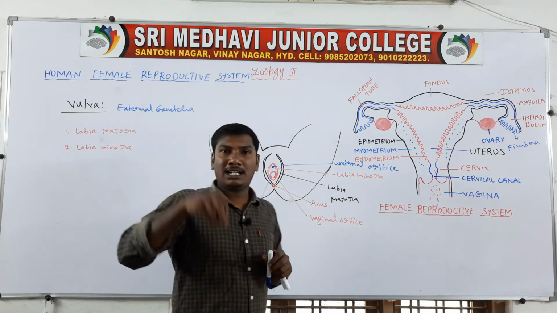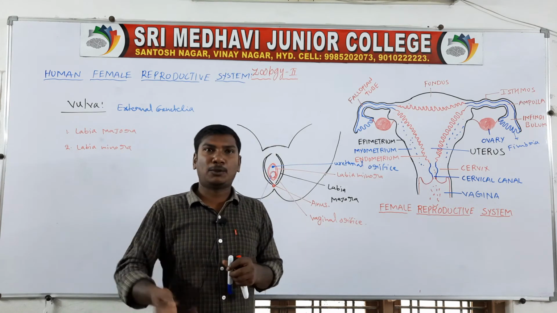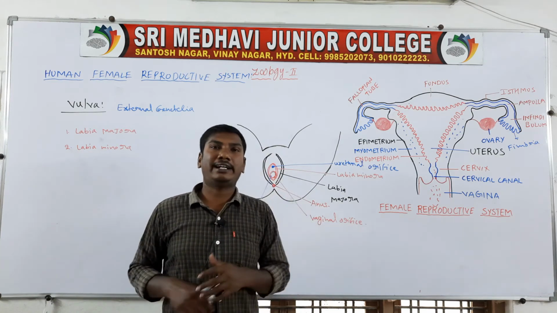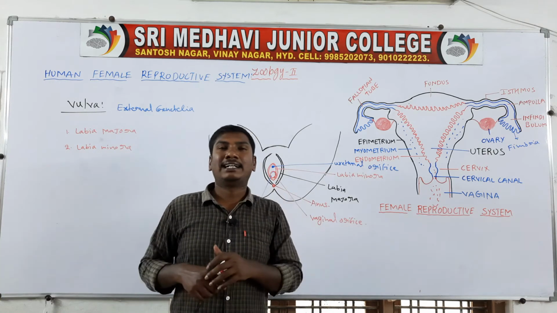But some females are sports persons, such as horse riding and cycling. In those persons, the hymen layer may disappear.